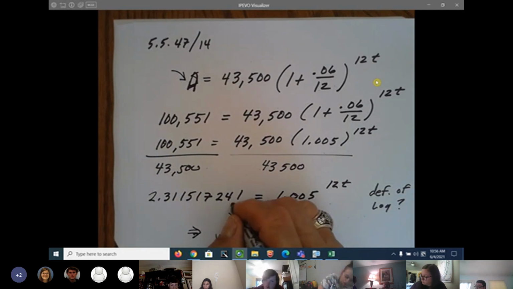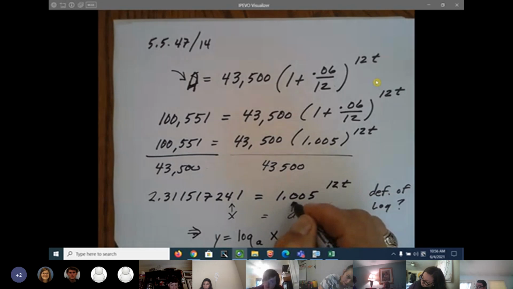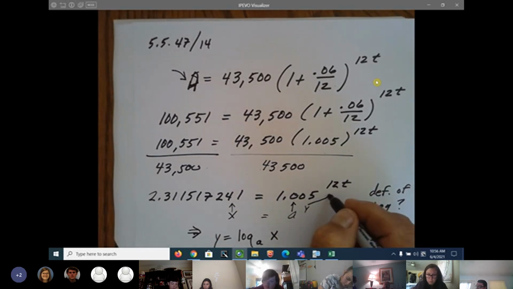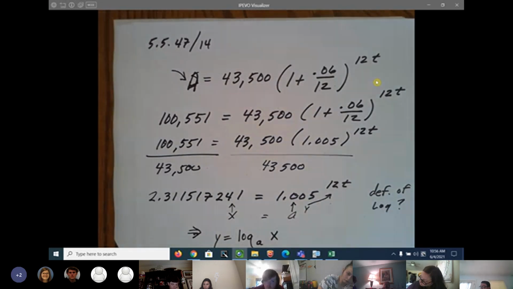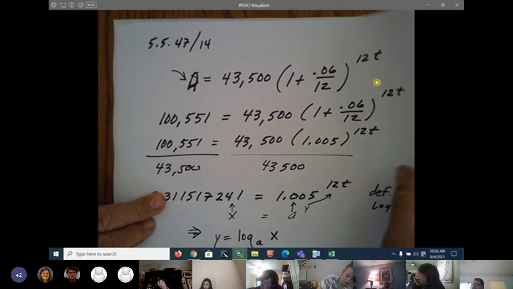So this is x, this is a, and that's y. So put those numbers in this form. We'll go to the next page and do that. I'll slide it up a little bit.